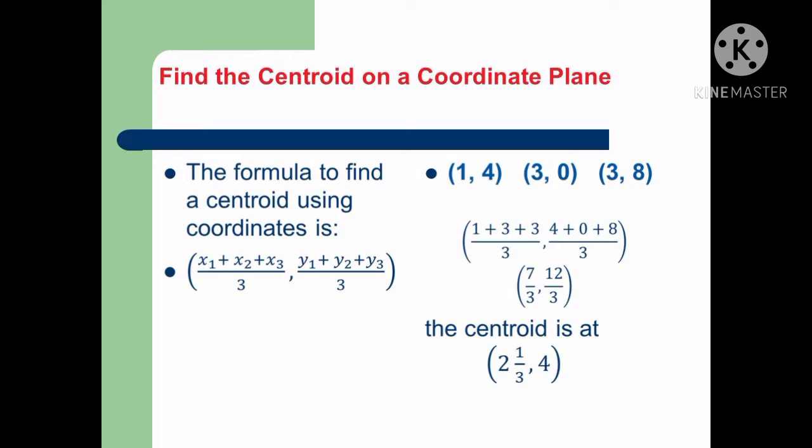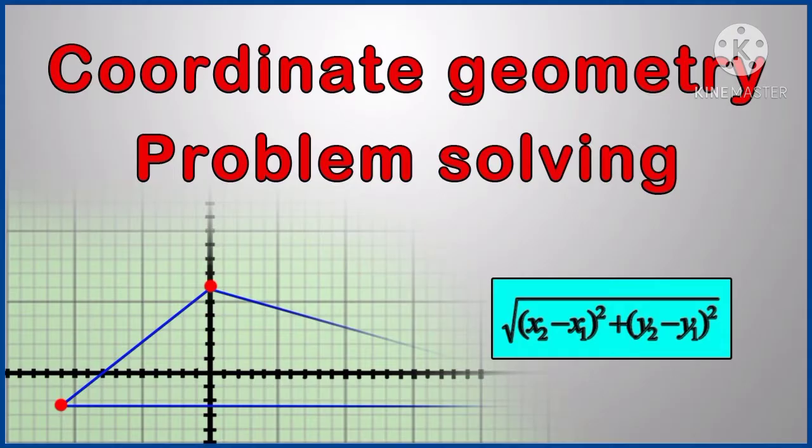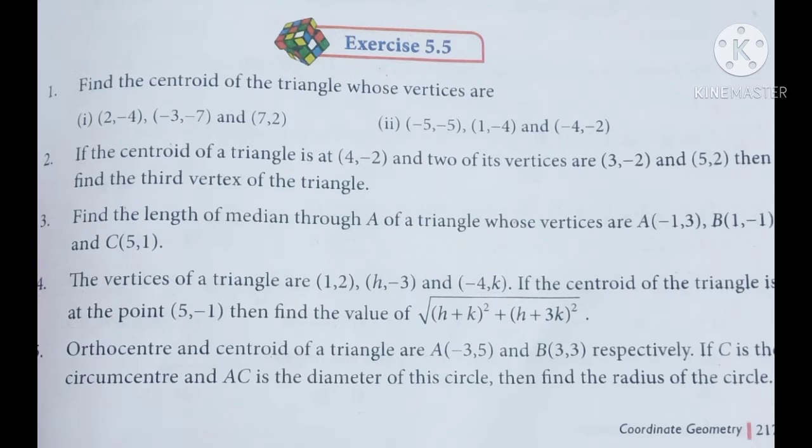Also, the centroid formula is (x1 plus x2 plus x3 divided by 3, y1 plus y2 plus y3 divided by 3). Now, we are going to solve the problems in exercise 5.5. Exercise 5.5 is given on page number 212 in your book.